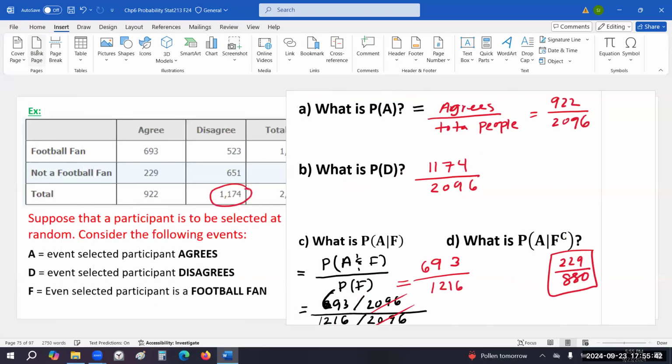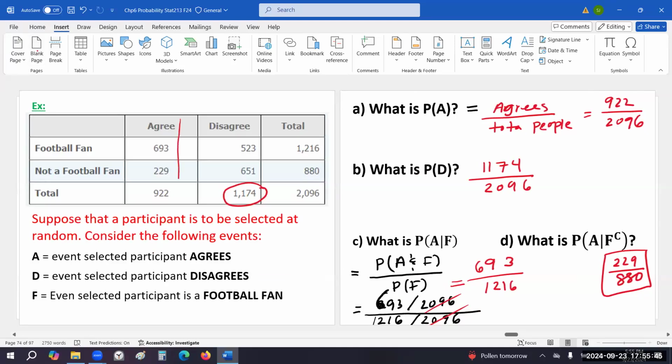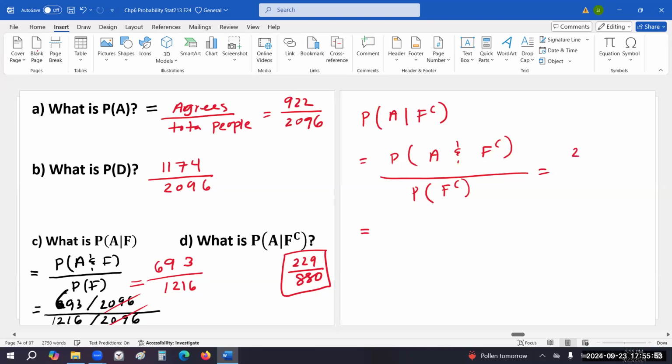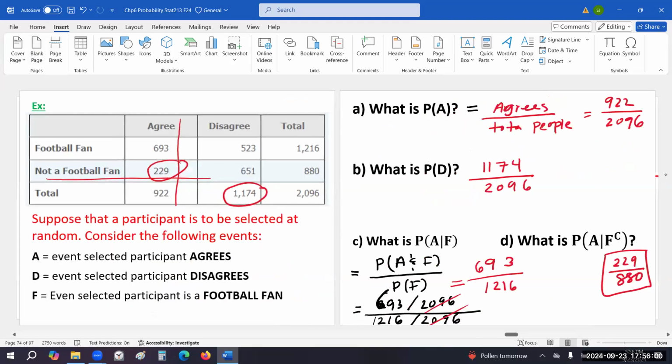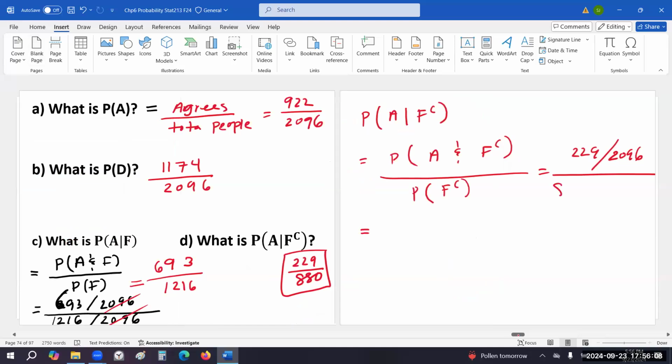So agree but not football fan. So these are agree column, these are not football fan column. They intersect at 229. So we have total 229 divided by 2096. And then probability of not football fan, we have total 880 people. So 880 people out of total 2096 people. They cancel out. We're left with 229 over 880.